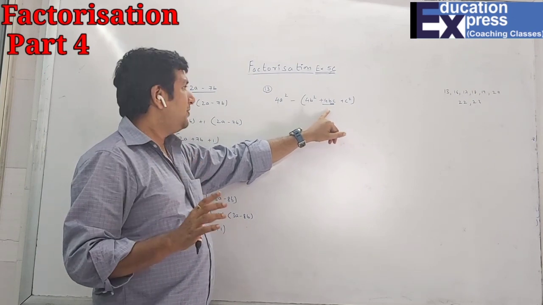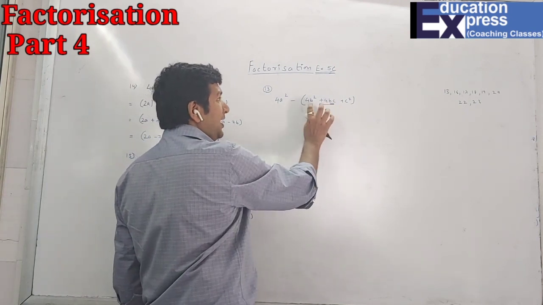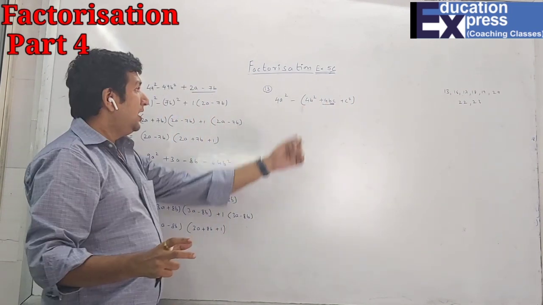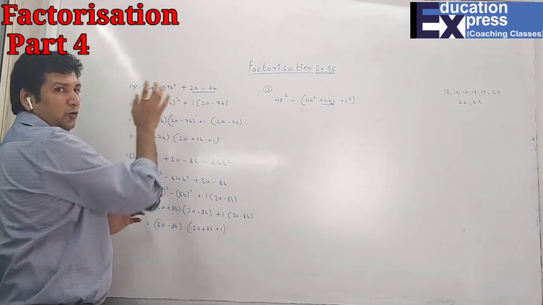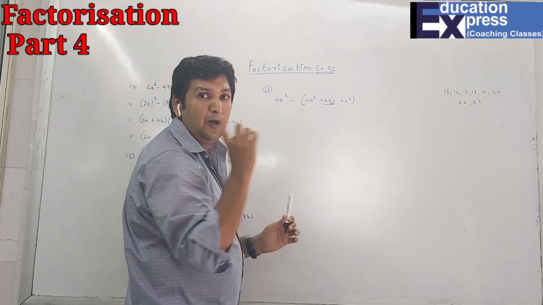Which number doesn't have a perfect square? 4bc. Which are the variables associated? b and c. So entire b, c and this will make one group and the other will definitely be the second group. Here we have to make 2 groups, a square and b square. So this will be your first a square and this entire thing will be your b square.